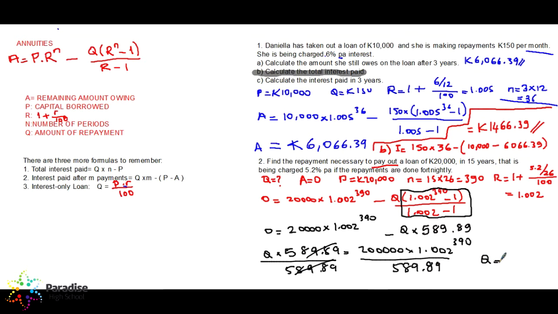Q will be equal to 20,000 times 1.002 to the power of 390, divided by 589.89. Yes, is equal to. All right, so it should be 73 kina 92. Yeah, the answer is. Sorry, we put one extra zero here.